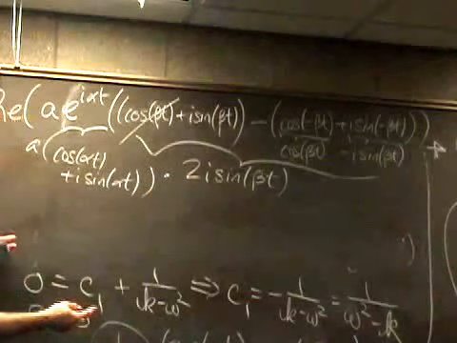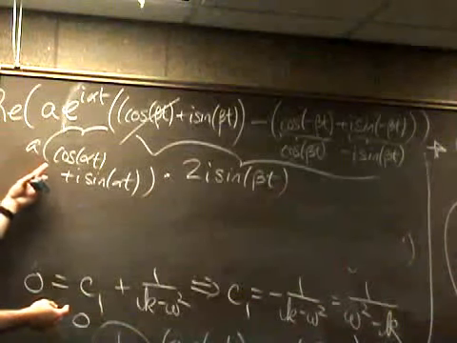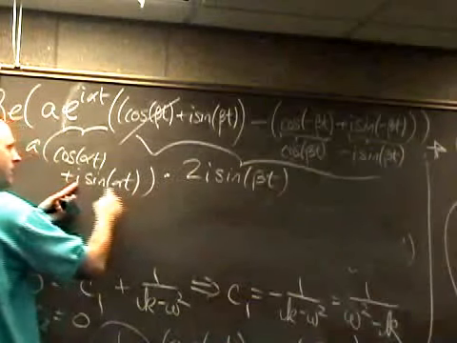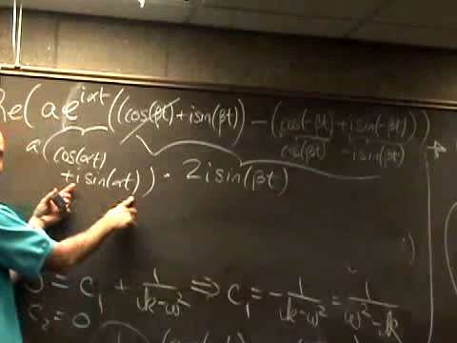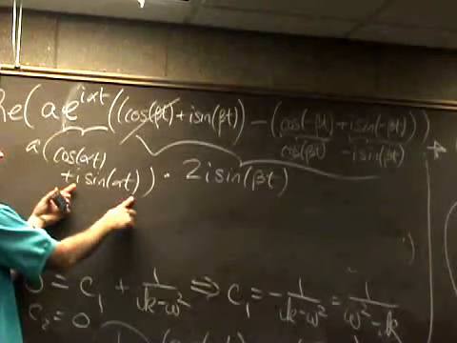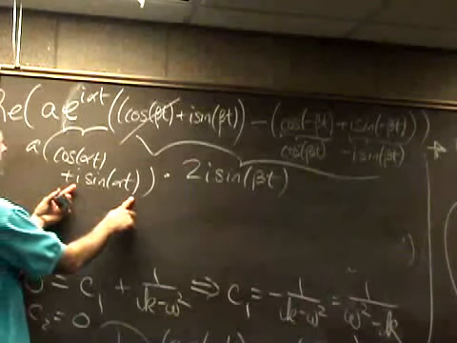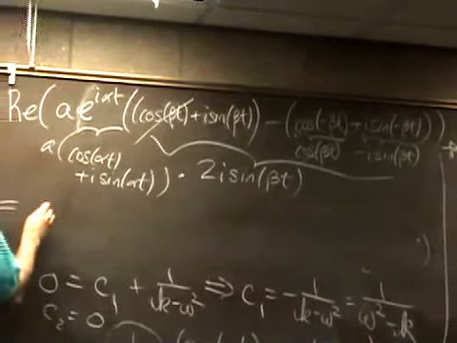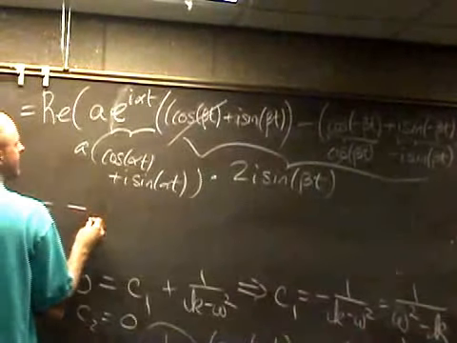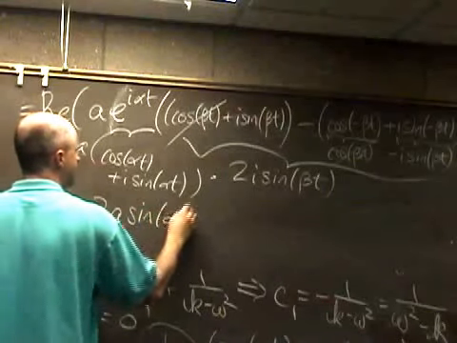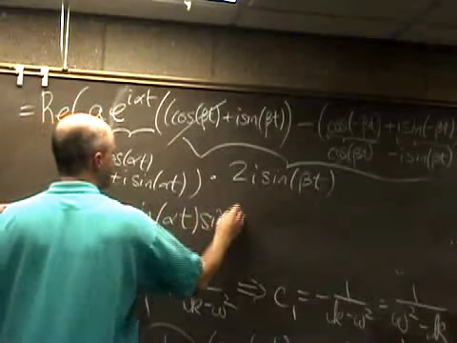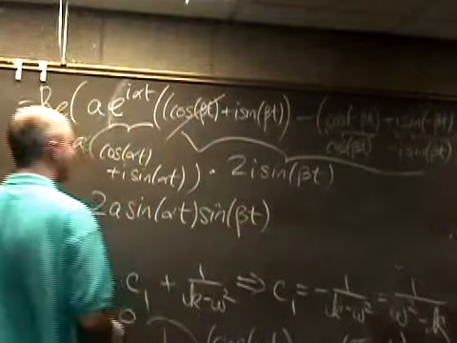What's the real part going to be? A is real. I've got an i there. The real part is going to come from multiplying this thing times the i sine alpha t here. And I'll get a negative sign because of the i squared. So ultimately, the real part of all this is negative 2A sine alpha t sine beta t.